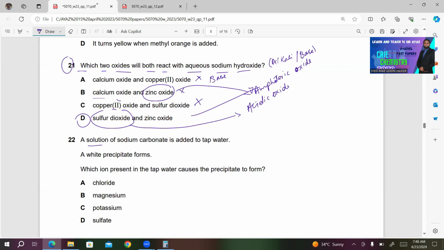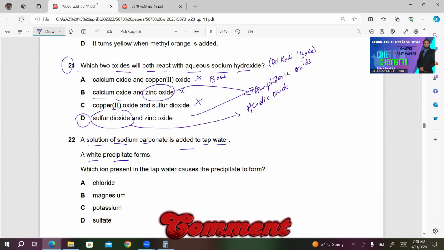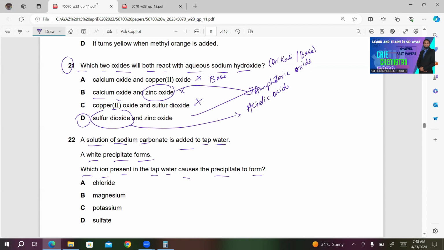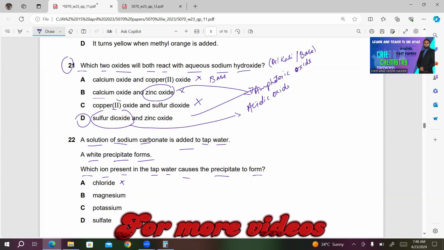22. A solution of sodium carbonate is added to tap water. A white precipitate forms. Which ion present in the tap water causes the precipitate to form? Is it chloride? A. Incorrect. Chloride ion will not react with sodium carbonate. B. Magnesium.